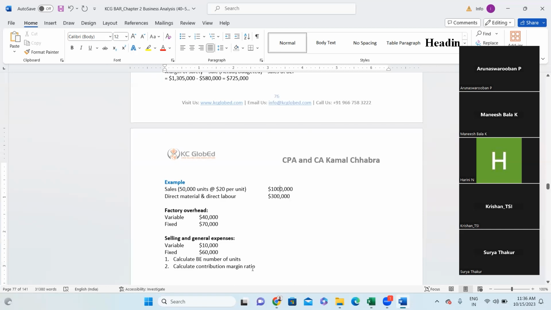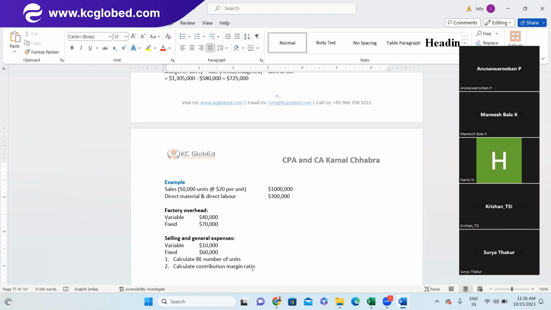How do you calculate break even units? What is the formula? Total fixed cost divided by contribution margin. So first you need to identify the fixed cost. Fixed cost is 70,000 factory and 60,000 selling, so 130,000 is total fixed cost.